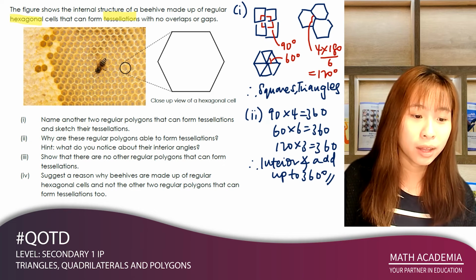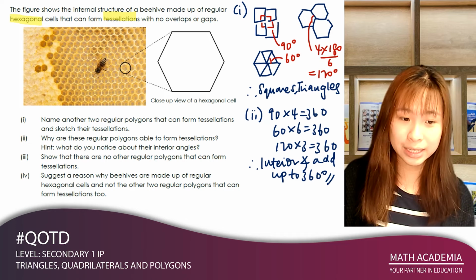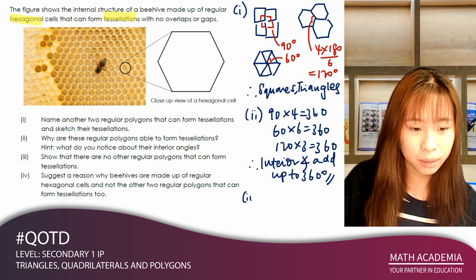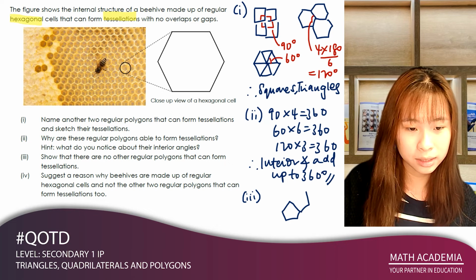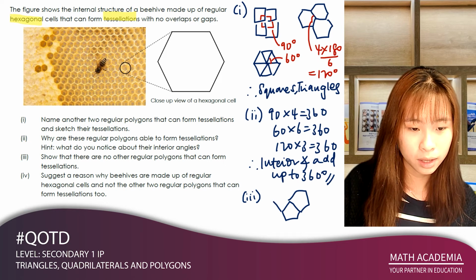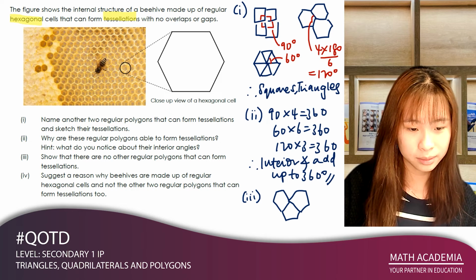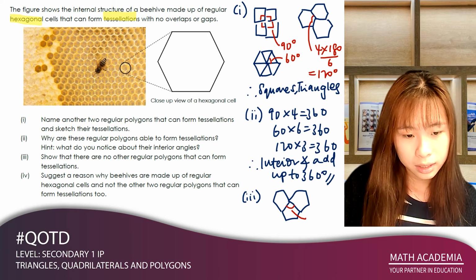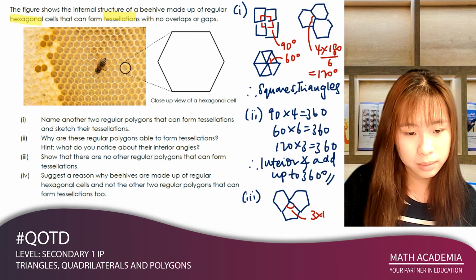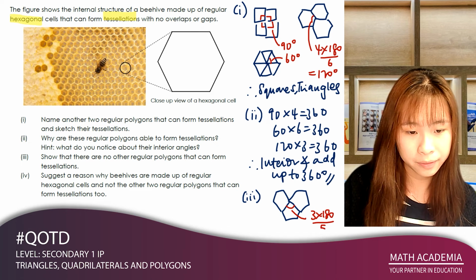Show that there are no other regular polygons that can form tessellations. Take for example a pentagon. How would we tessellate a pentagon if we want to? It should look something like this. You realize that each interior angle is actually 3 times 180 divided by 5, which is 108.